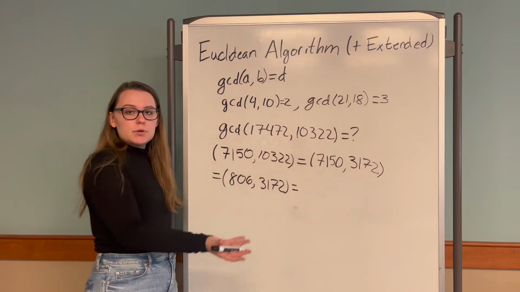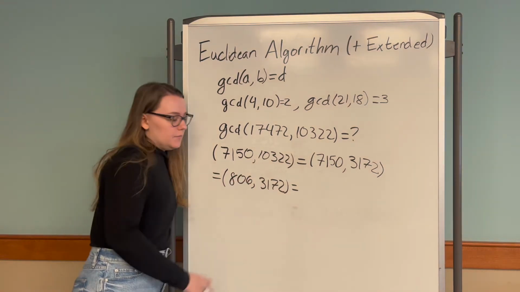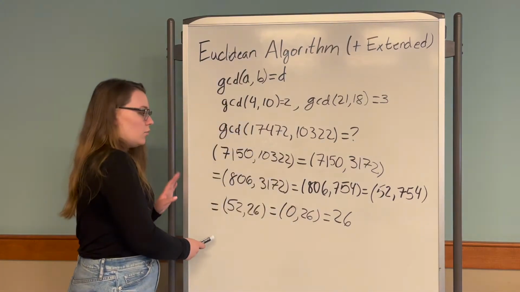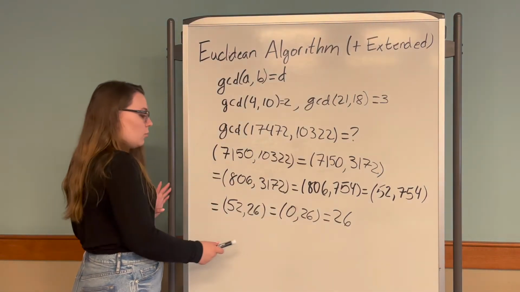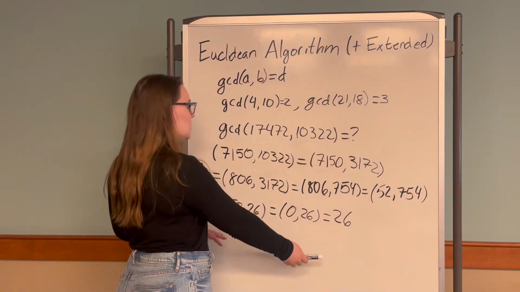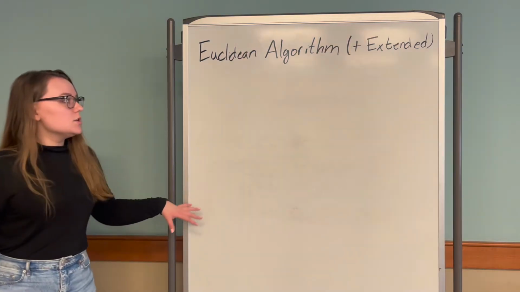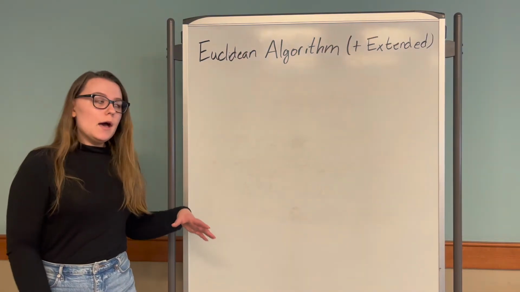So we keep doing this until one of our numbers is equal to 0. Then I'm going to go ahead and write out everything. So after continuing on with the Euclidean algorithm, we finally get a 0 here and 26, and then our GCD is then equal to 26. And we're done. Next we're going to talk about the extended Euclidean algorithm.